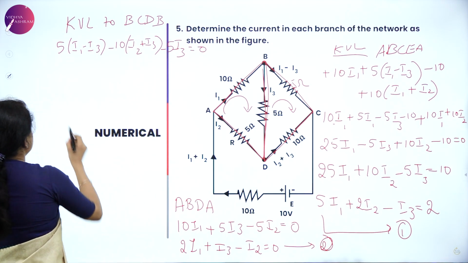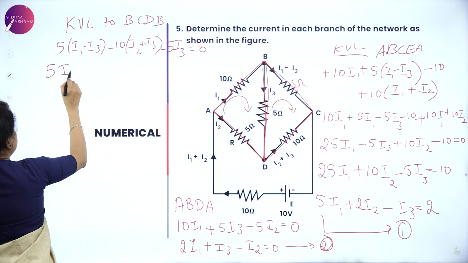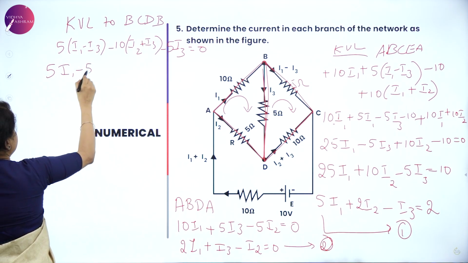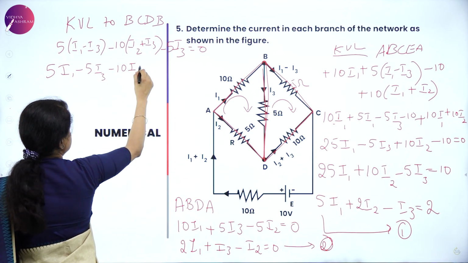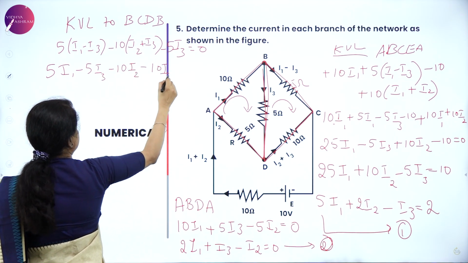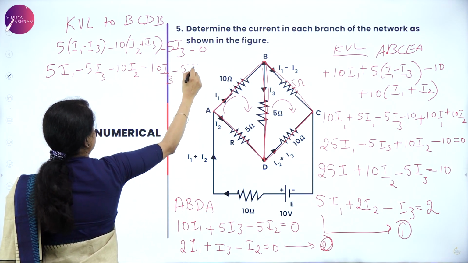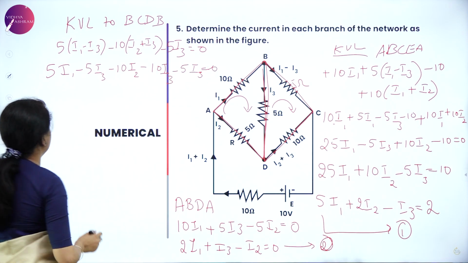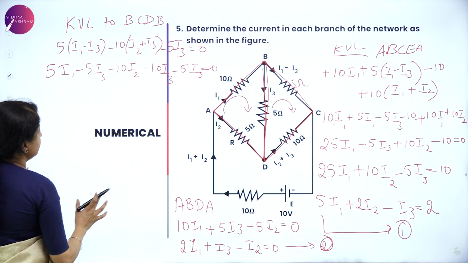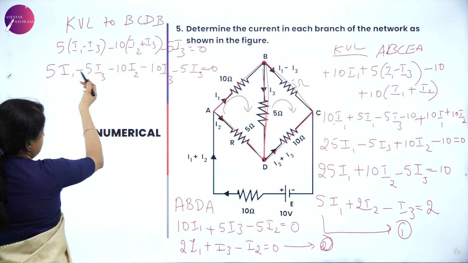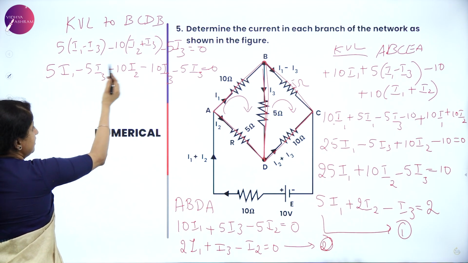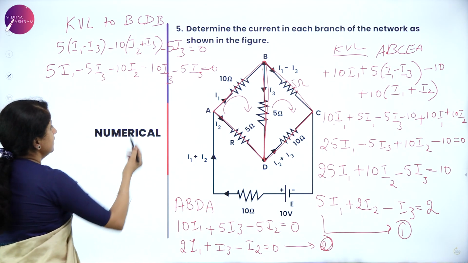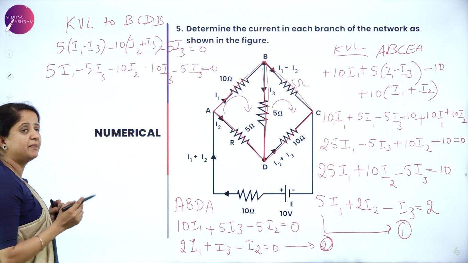Now, we can just multiply individually and we write 5 I1 minus 5 I3 minus 10 I2 minus 10 I3 minus 5 I3 is equal to 0. Now, let us see how many I3 terms we have: minus 5 I3, minus 10 I3, minus 5 I3, which gives minus 20.